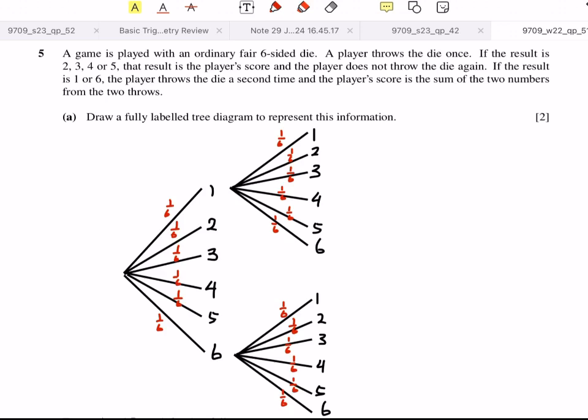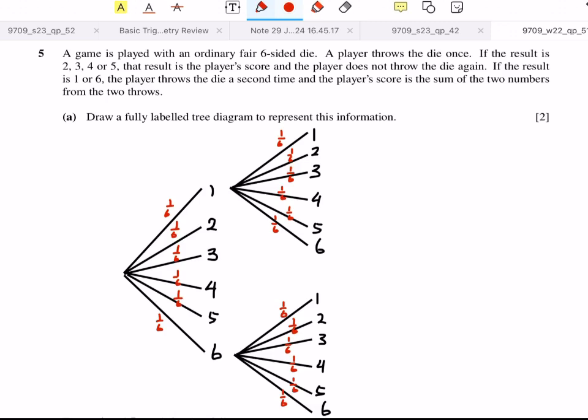If the result is 1 or 6, the player throws the die a second time and the player's score is the sum of the two numbers from the two throws. A. Draw a fully labeled tree diagram to represent this information.